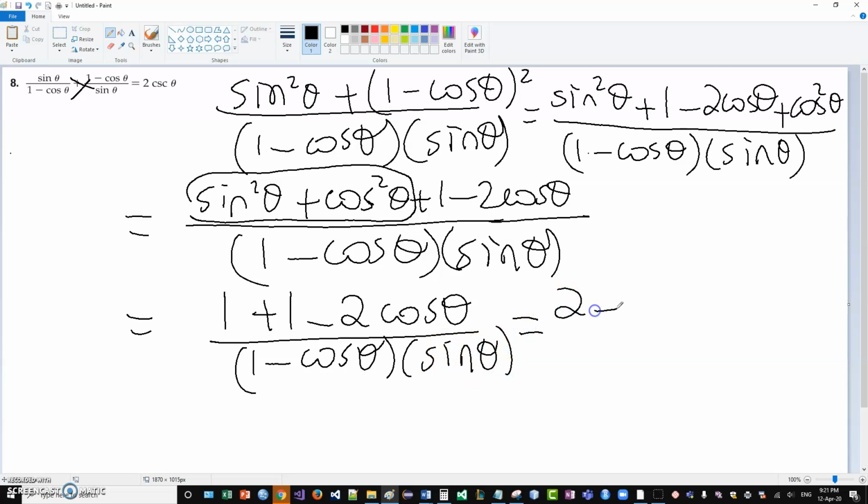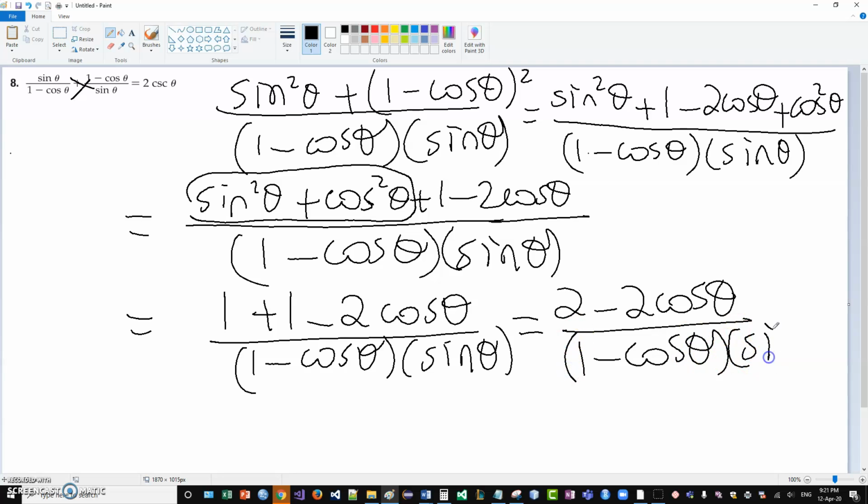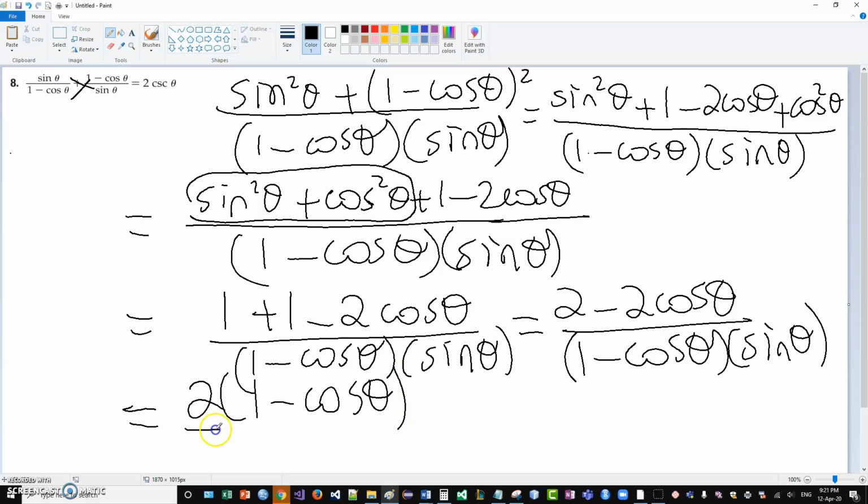So 2 minus 2 cosine theta over 1 minus cosine theta times sine theta. Take 2 as a common factor: 2 times 1 minus cosine theta, over 1 minus cosine theta times sine theta.